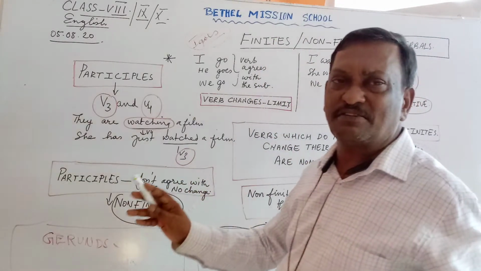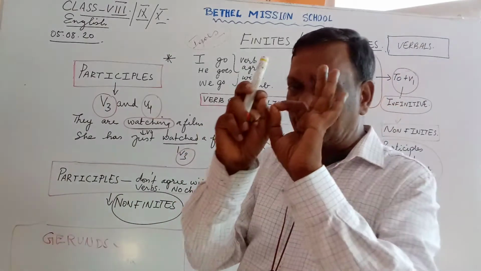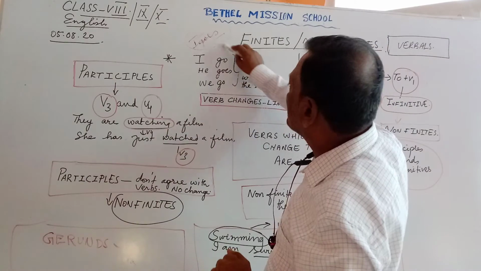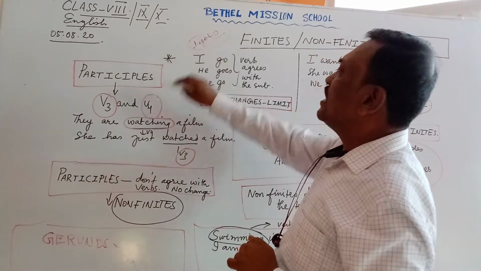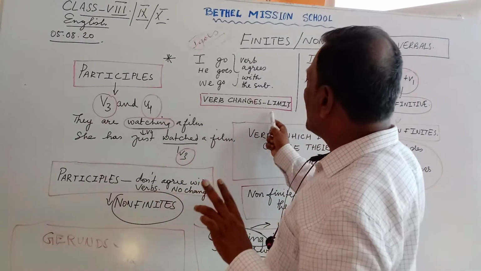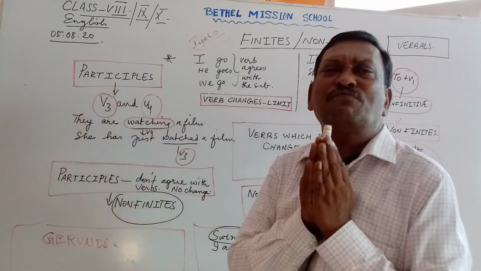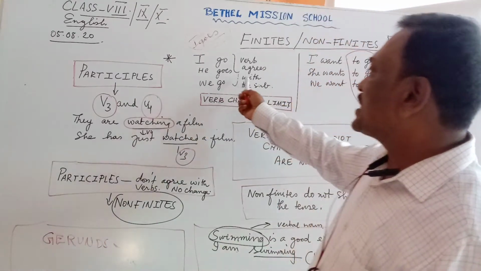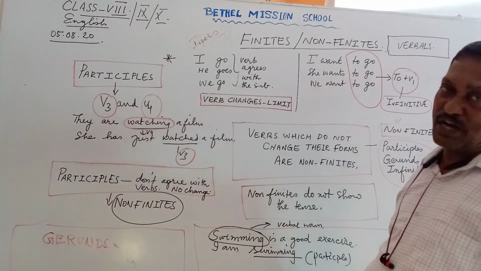They are limited. And it has been finalized that the subject takes a verb according to its person. So when the verbs are finalized, when the verbs are fixed, obviously they become finite verbs.